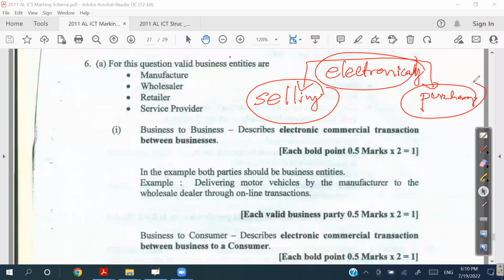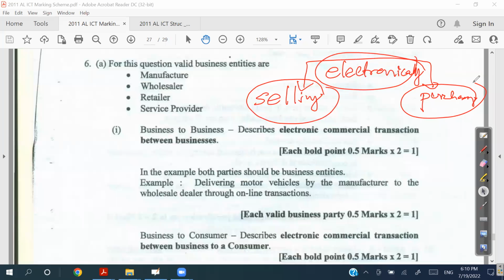And when you are going to give the examples, it shouldn't be the real world entities, right? If you want to take real world entities, just take it, but you have to indicate that this is a business. The marker should get the idea, okay, this student is explaining about the business, right?